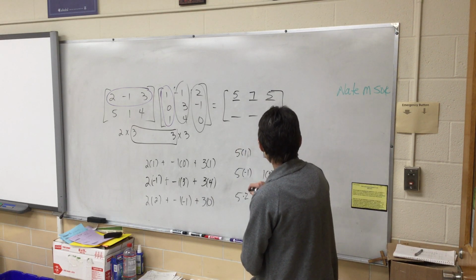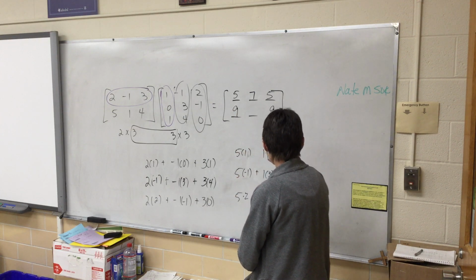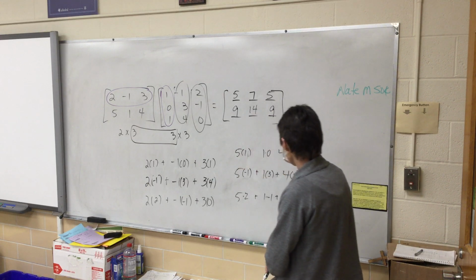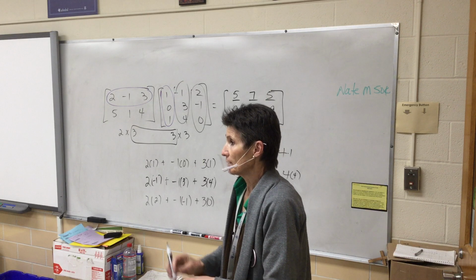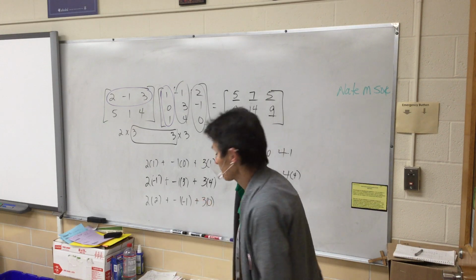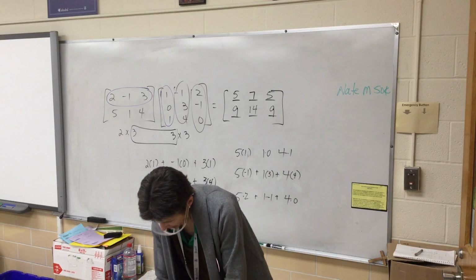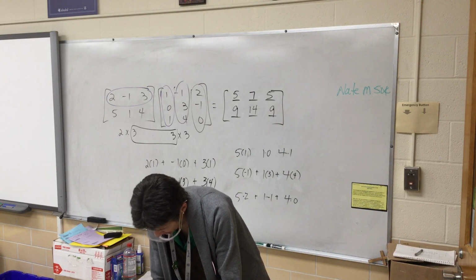This one's 9. First one's 9 too. And the middle one is 16, 19, 14. Does that look okay? All right. What was that? That was D.